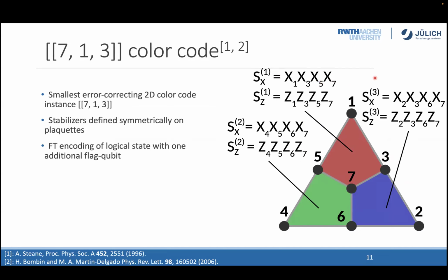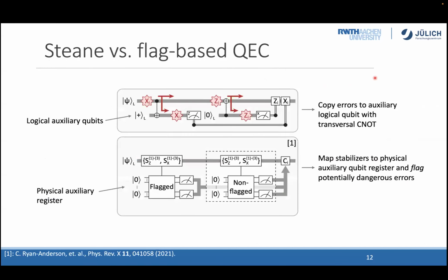And for this error correcting code, we now looked at 2 different versions of quantum error correction. First, we looked again at Steane quantum error correction, which is depicted here in the upper part of this picture. Here we have logical auxiliary qubits, and as I showed before, we copy errors to this auxiliary logical with transversal gates.